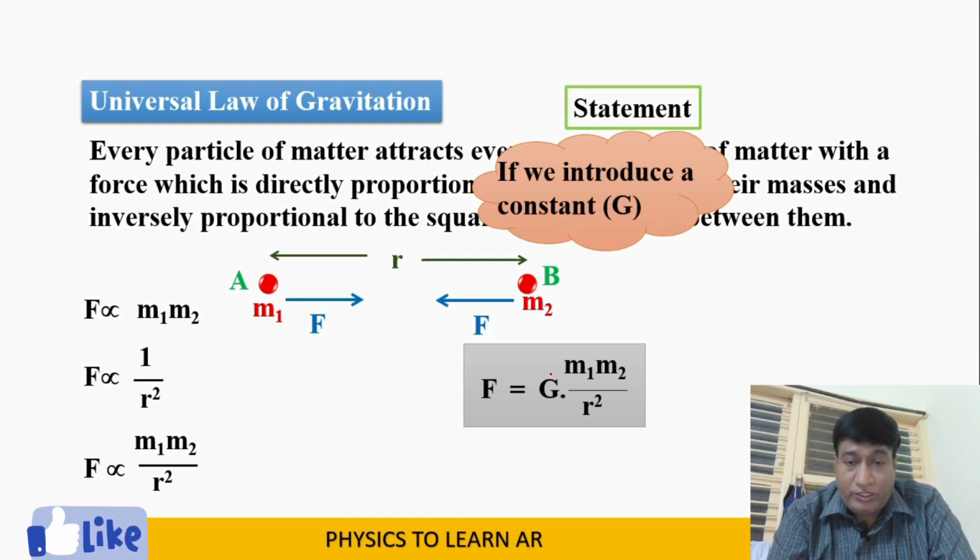So G is a constant value, m1 and m2 are the masses, and the force depends upon the distance between them. This gravitational force is independent of charge and does not depend on the medium, but depends on the masses m1 and m2. So if the masses are more, then the gravitational force will also be more.